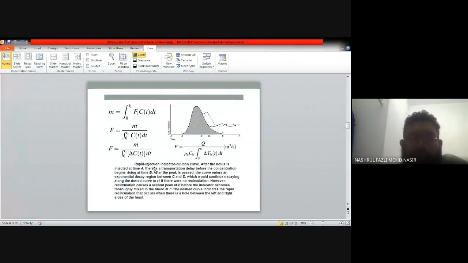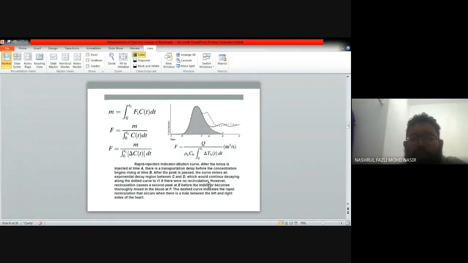The concentration begins to rise at B. After the peak has passed, the curve enters the exponential decay region between C and D, so it starts to go down, and continues decaying to T1.